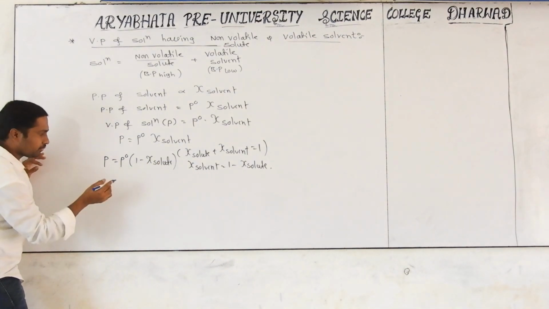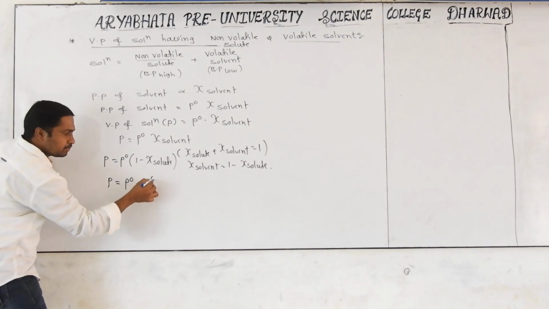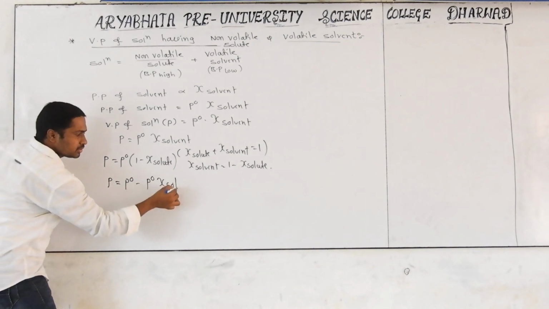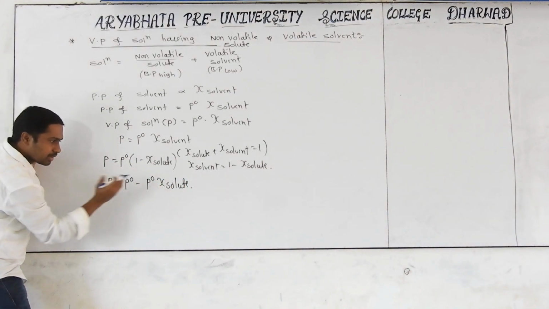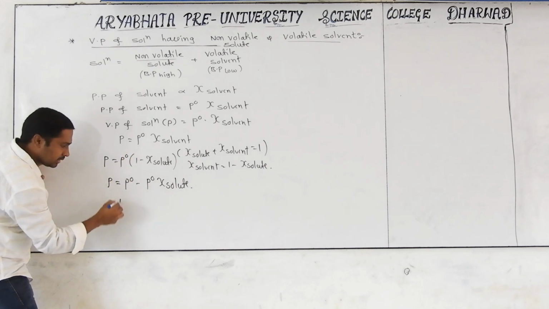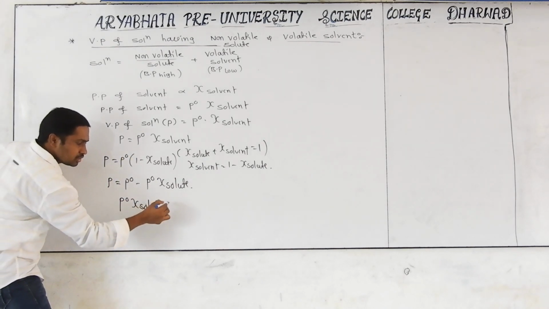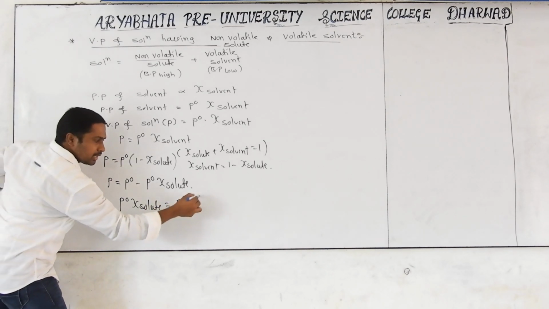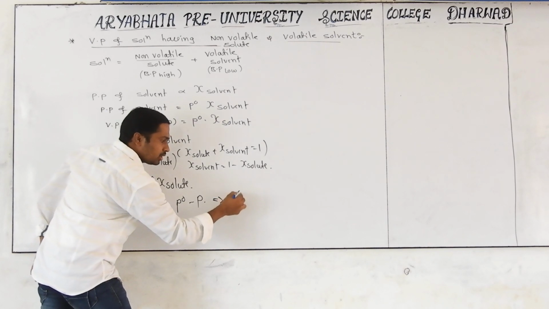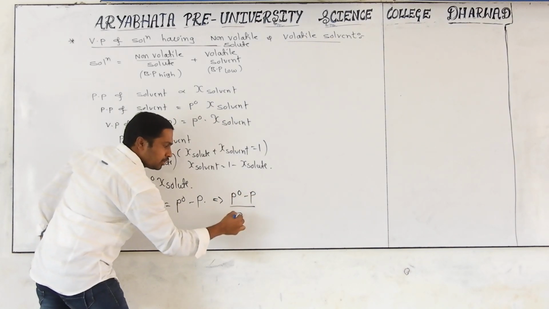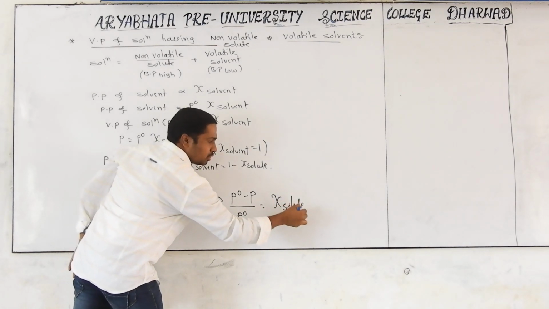Simplifying, P equals P0 minus P0 into the mole fraction of the solute particles. Simplify further: this term comes to the left, and this term goes to the right side. Then P0 into the mole fraction of the solute equals P0 minus P. That implies, write down one more thing: (P0 minus P) by P0 equals the mole fraction of the solute.